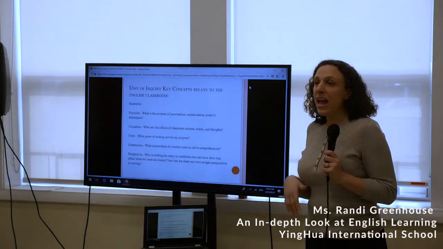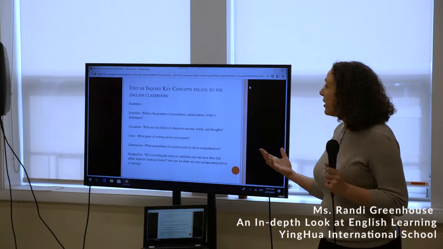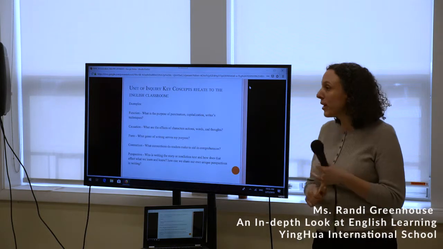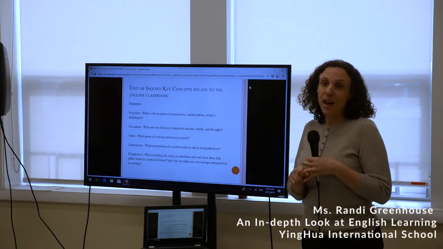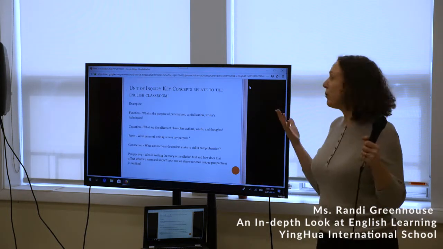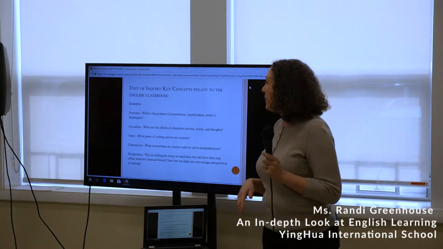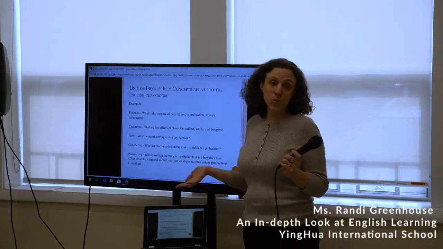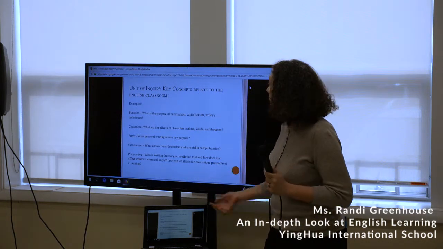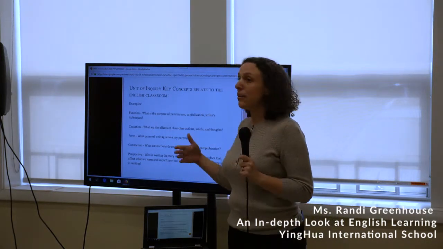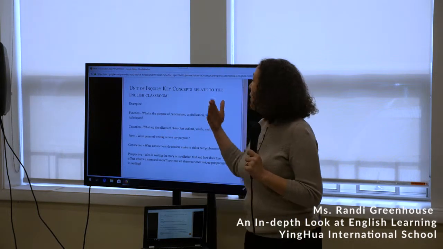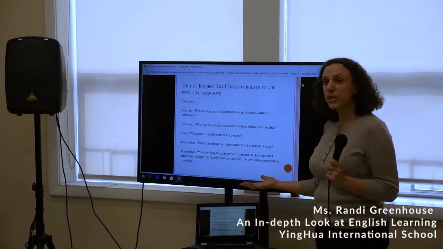Some parents have asked about how the unit of inquiry relates to phonics, decoding words, or writing all the different genres. How can we connect that? Well, the way the IB program works is that there are key concepts that the teachers will pick to go over for each unit. So, for example, some of the concepts that we could choose from are function, causation, form, connection, perspective.